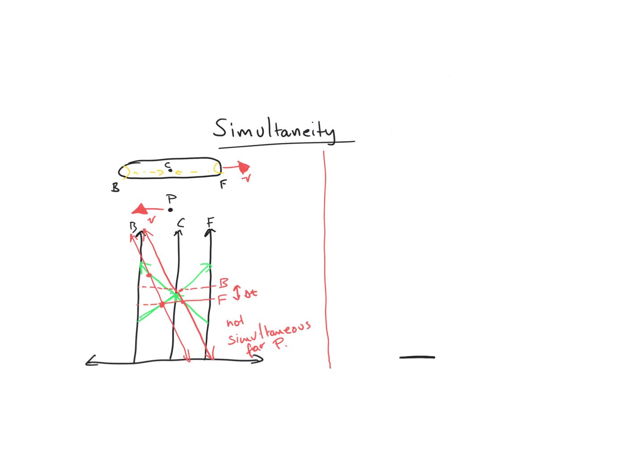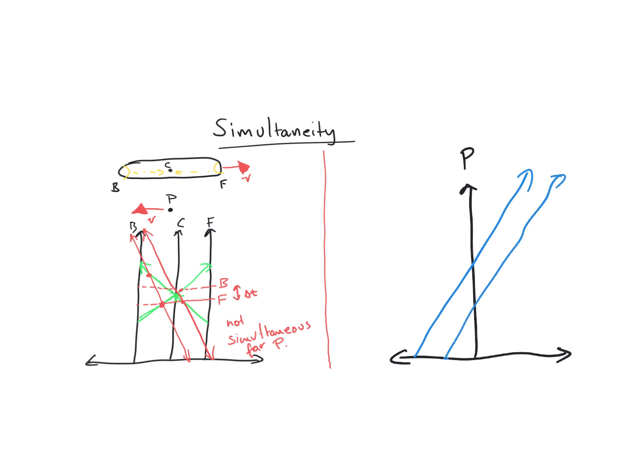We can draw P as the world line, the person on the platform, and we will see that the front of the train and the back of the train will be moving to the right, and that will remain equidistant. So that's the front of the train, that's the person at the center of the train, and that's the person at the back of the train.